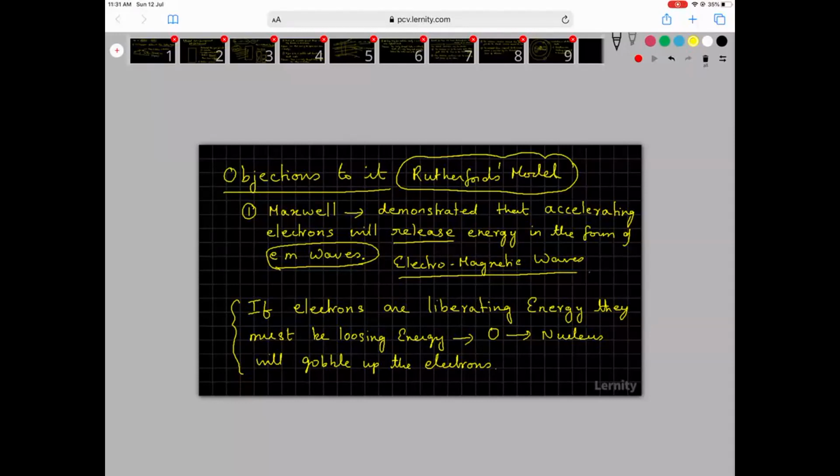So it must be losing energy. Someday it will become zero. Once it becomes zero, the nucleus will catch it and pull it towards itself, right? But this does not happen. So they said, what you said is wrong.